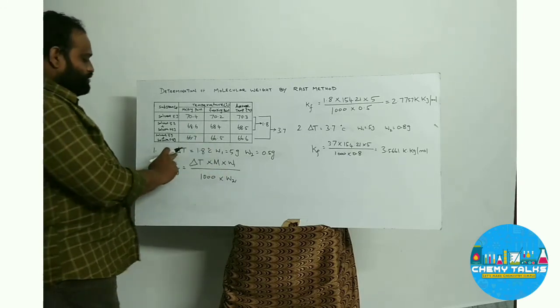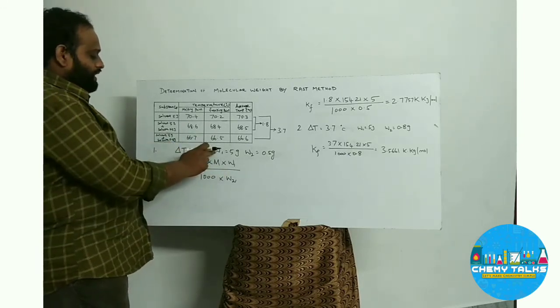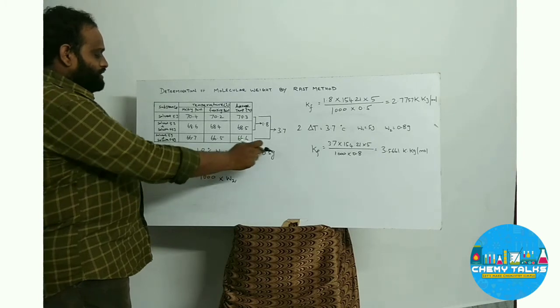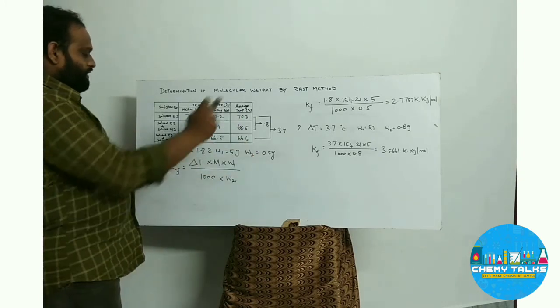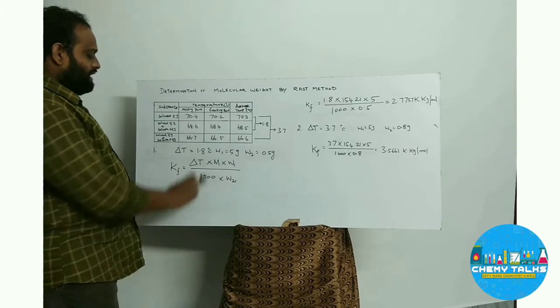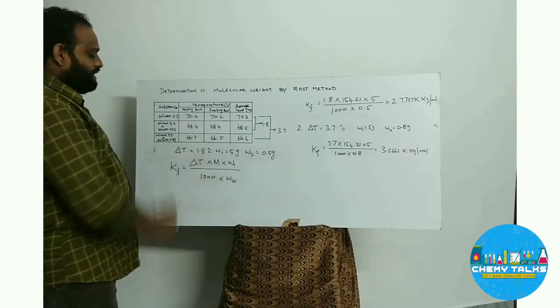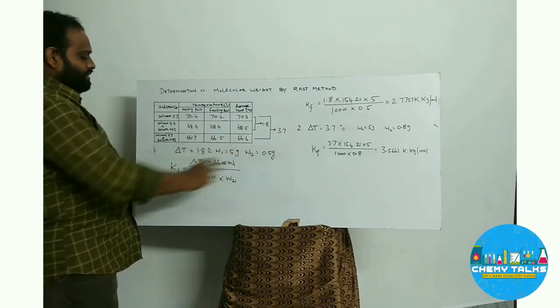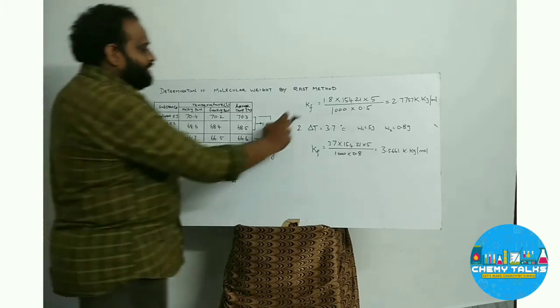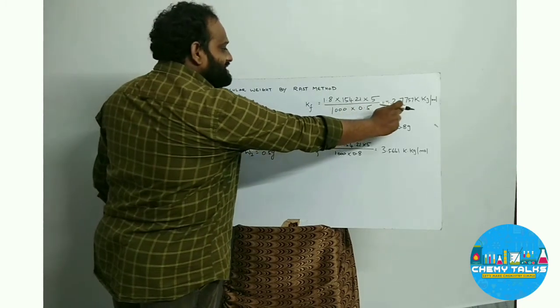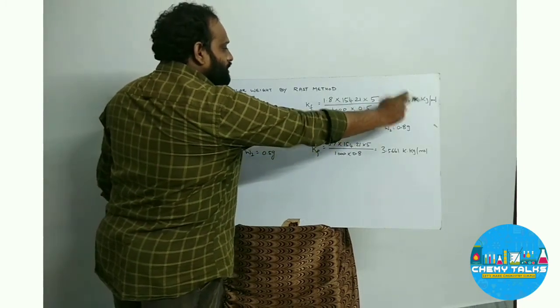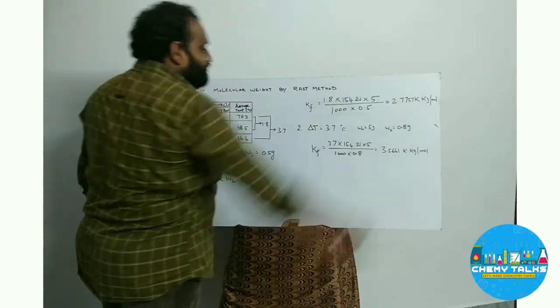So delta T is 1.8, W1 is 5 gram, W2 is 0.5 gram, and 154.21 is the molecular mass of the solvent. Calculating these values, we will get the Kf 2.7757, and this is the unit of the Kf.